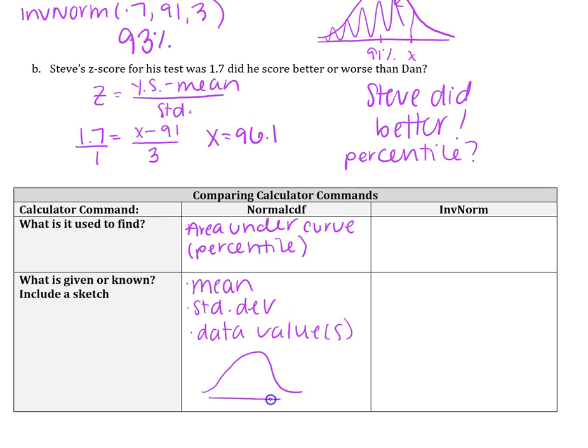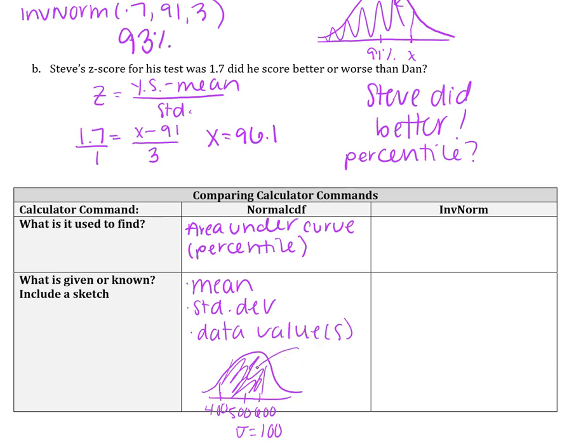So for example, maybe this is 500, this is 600, this is 400, and I want the area under the curve between 400 and 600 with a standard deviation of, let's say, 100. Okay, that would be a normal CDF because you're finding the area under the curve.